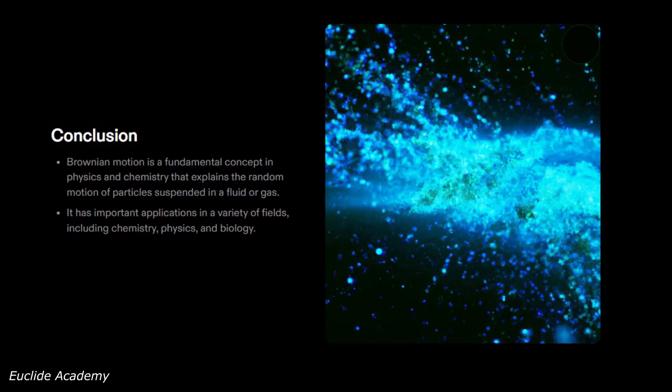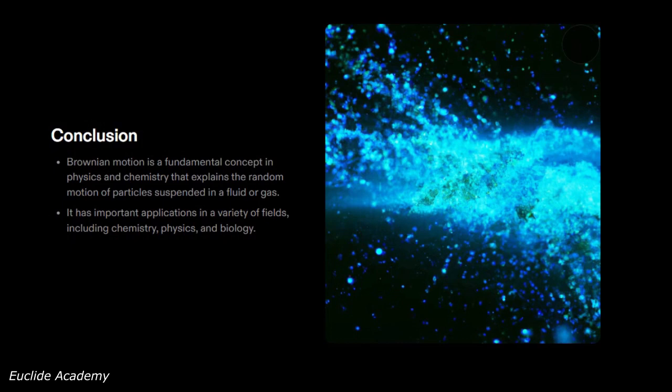So it has important applications in a variety of fields, which are physics, chemistry, as well as biology. In conclusion, wrapping it up, it talks about how the movement of particles is affected by the collision of the particles with the molecules of a fluid or a gas, and the randomness is due to the collisions.